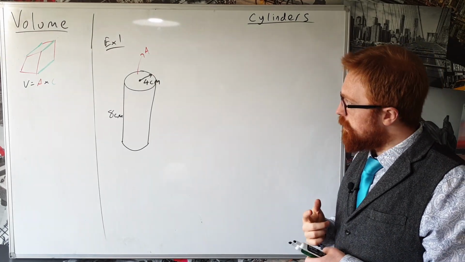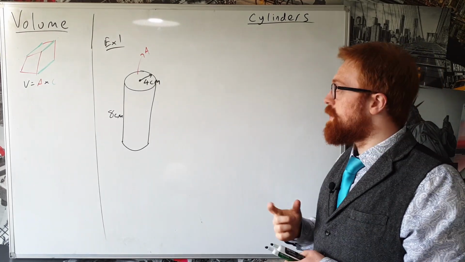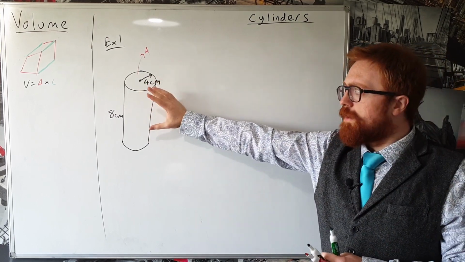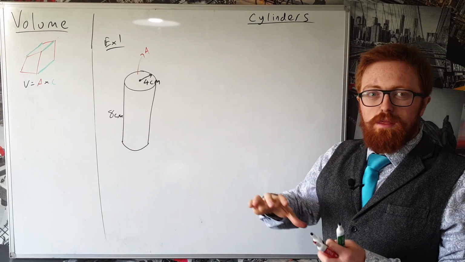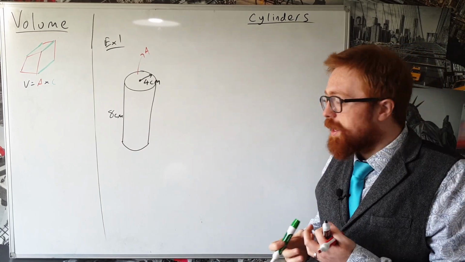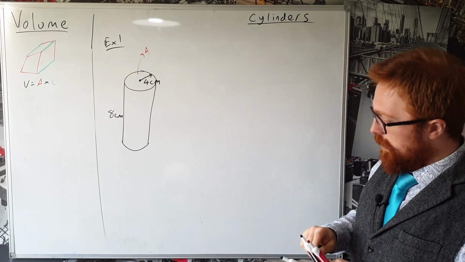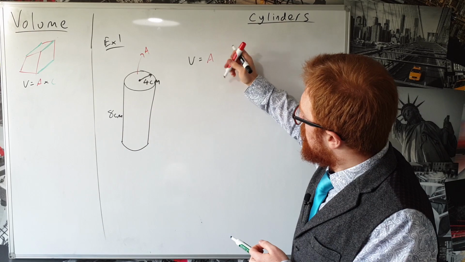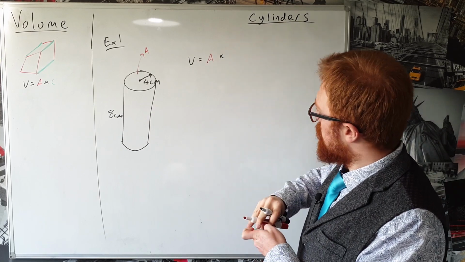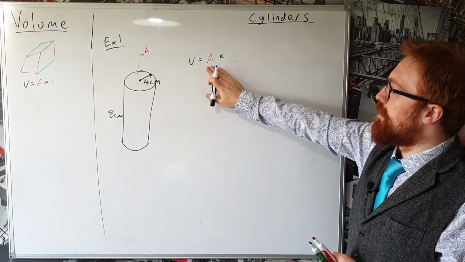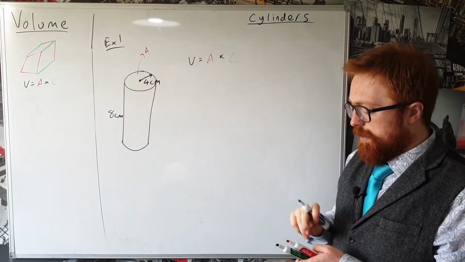Now, this one's a little bit trickier than the prisms because I think students generally struggle with finding the area of circles slightly more than with triangles and rectangles. Again, we can work through this, we can get there. So remember, the volume is the area times by the length. So we need to work out what the area of this circle is first.